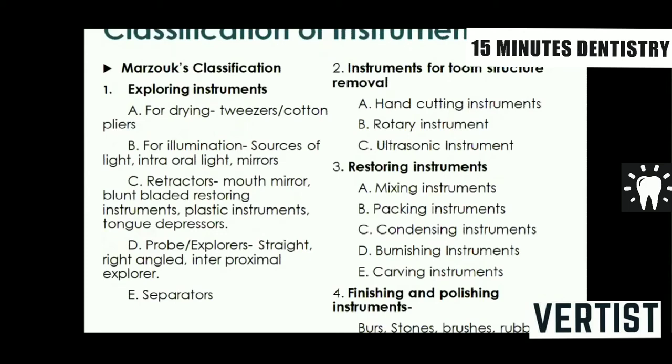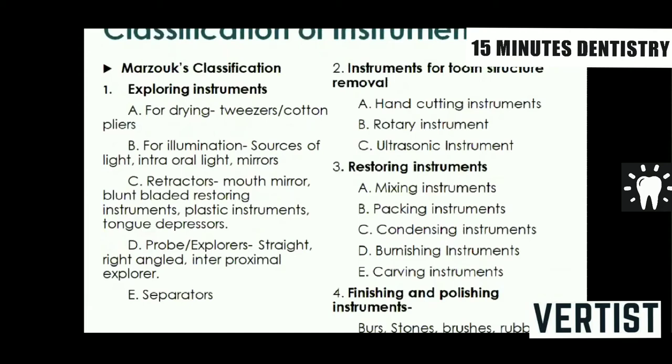Now for diagnosis, only having instruments is not correct. We need a dry field and proper illumination. When you have proper drying and proper illumination, then you will be able to see what is hidden over there. So the first class is exploring instruments for drying, for illumination, retractors, probes, separators, all this.